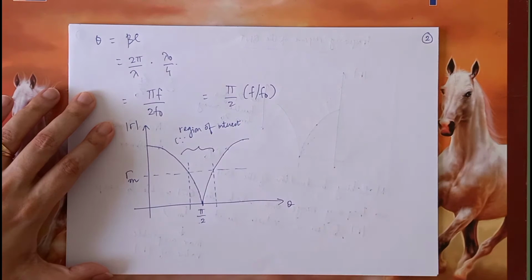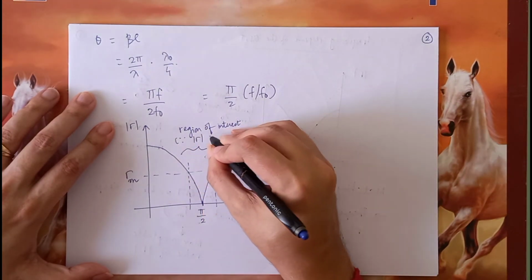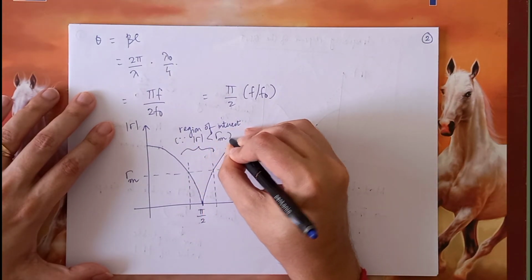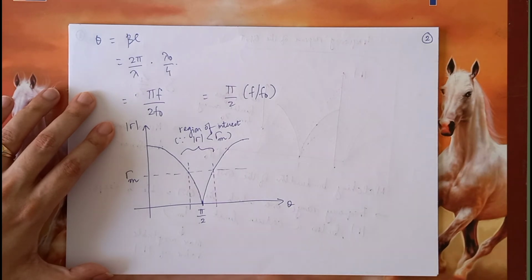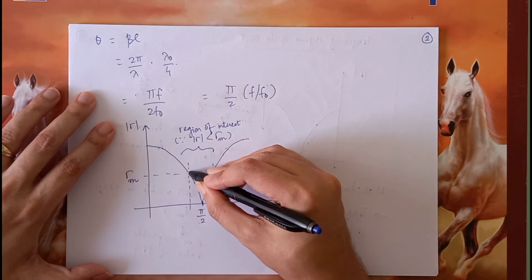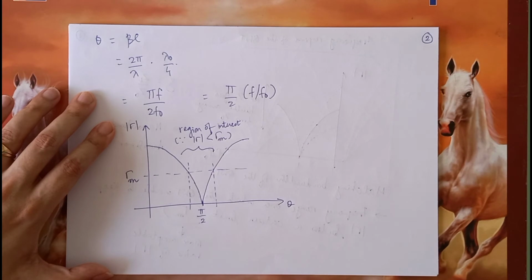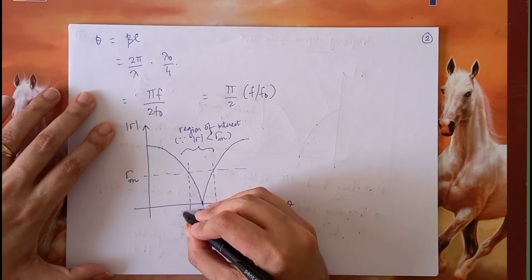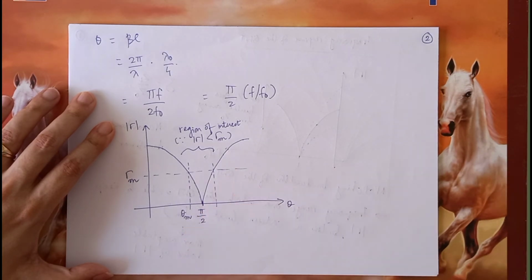This is because mod gamma is below gamma m. This is the bandwidth. So let us say this point, the first point where mod gamma crosses gamma m and goes down, let us call this some theta m.